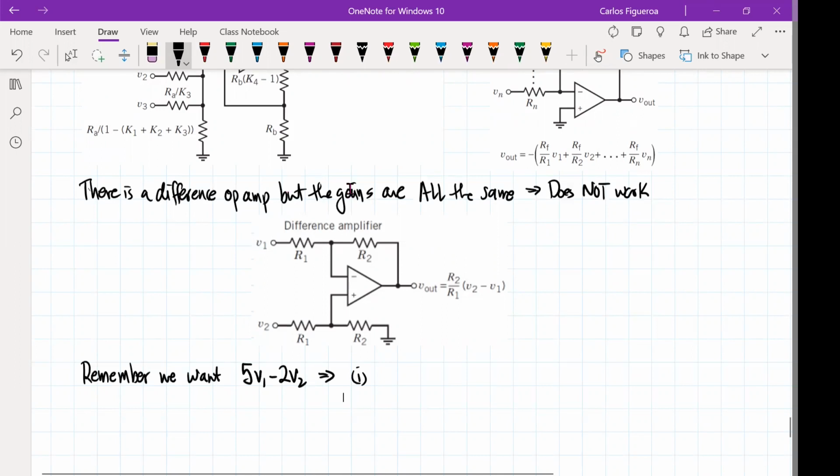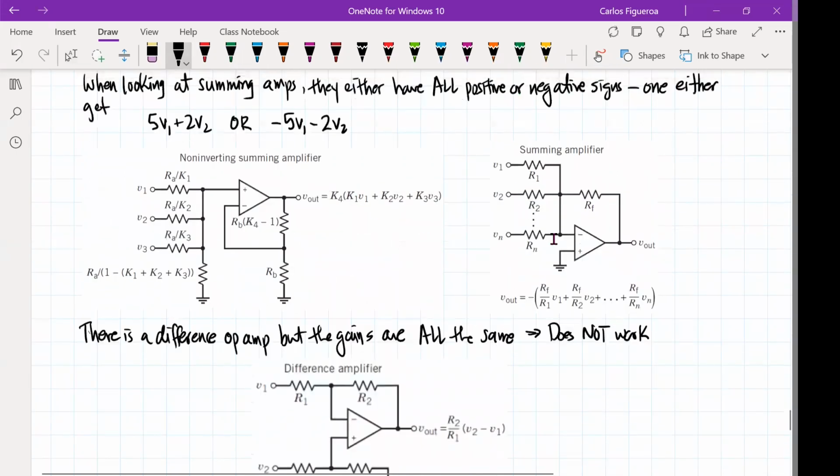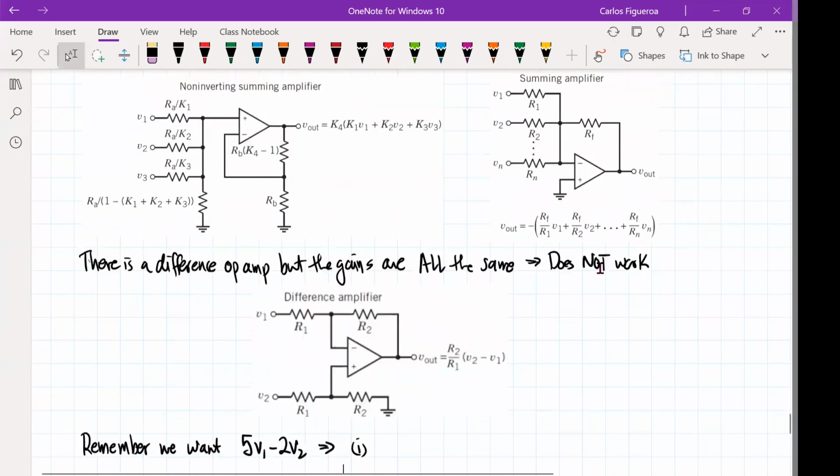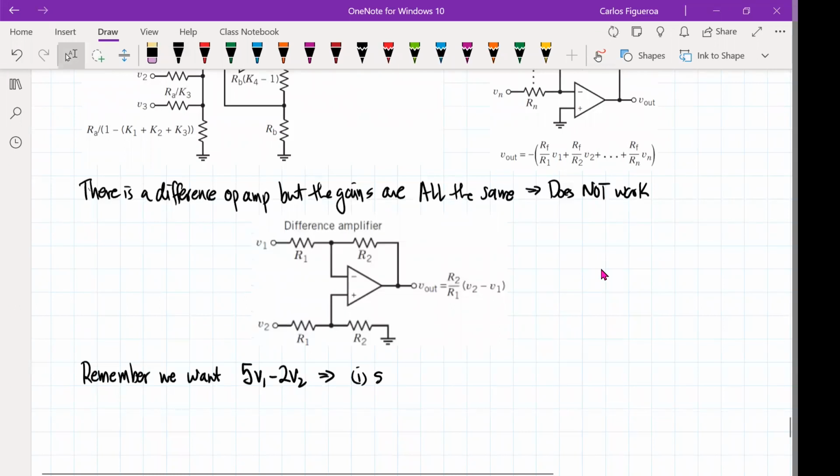And the one I'm going to use is the summing amplifier, not the non-inverting summing amplifier, because it's just easier to do. Why? Because it's easier.